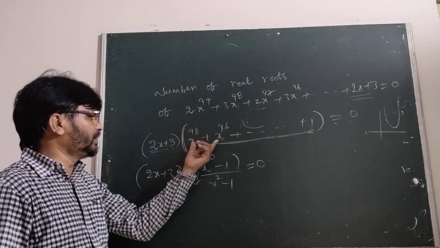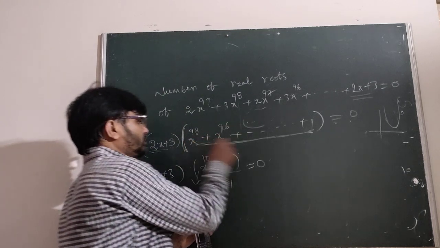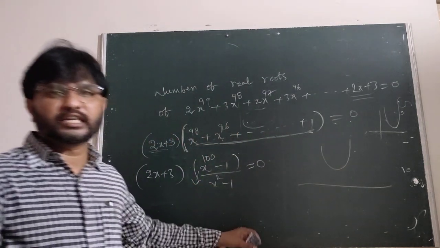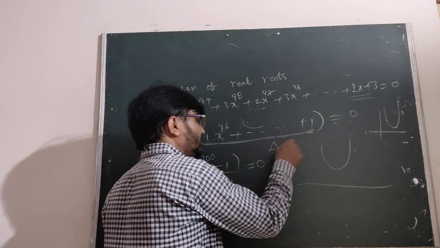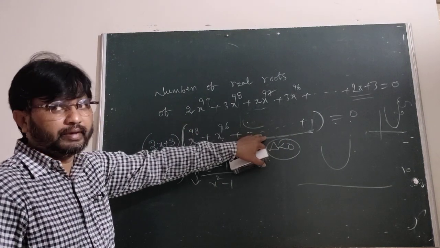If you take any real value for x, it is always positive. Therefore this completely lies above the x-axis. When the graph completely lies above the x-axis, its discriminant must be less than 0. That means this has only imaginary roots.